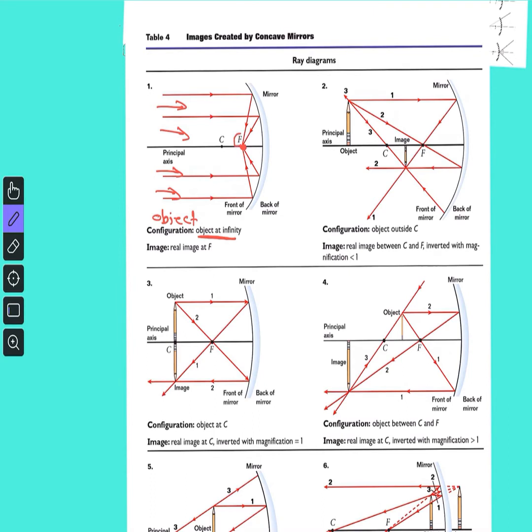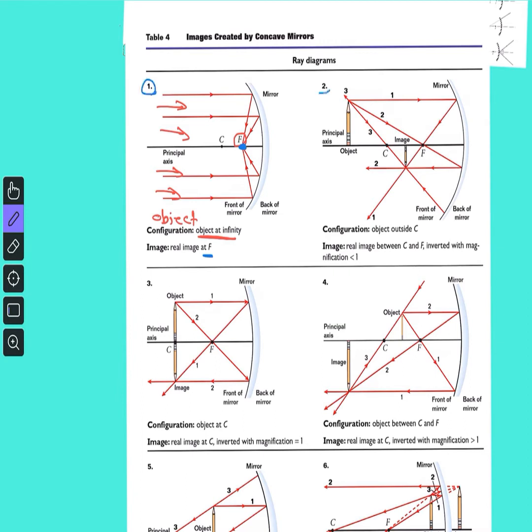Look, F, focal point, guys. So when the object is far away from the mirror, we are going to have the image at the focal point, because all the lights intersect at this point. That is the first case, when the object is at infinity.